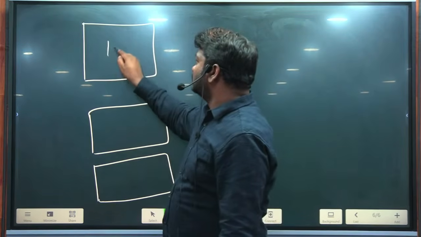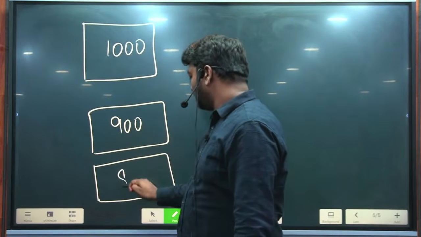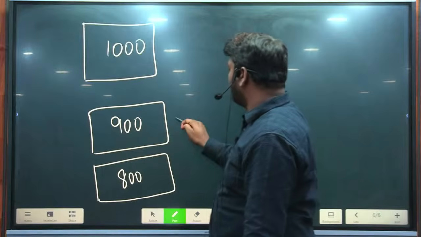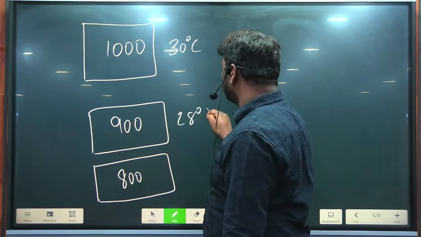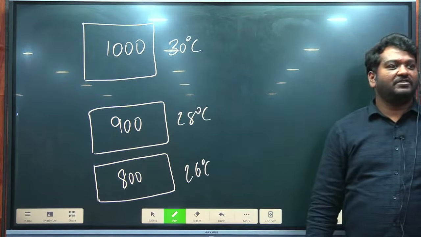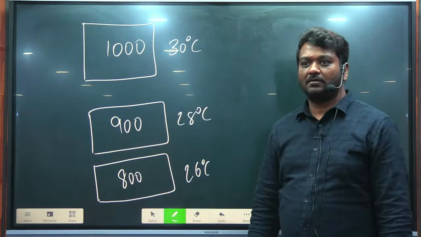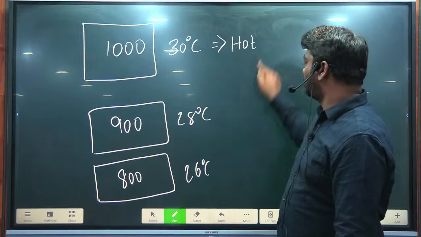Let us say 1000 particles, 900 particles, 800 particles. Let me say this is 30 degrees Celsius, 28 degrees Celsius, 26 degrees Celsius. Okay. Which is hottest? 1000. Or can I say this is hottest? What about this?